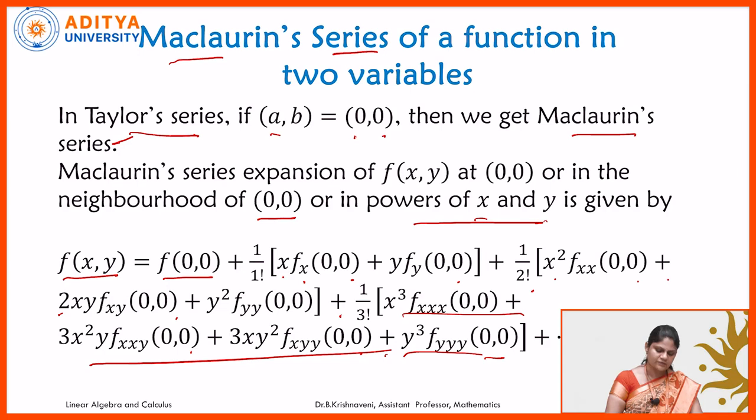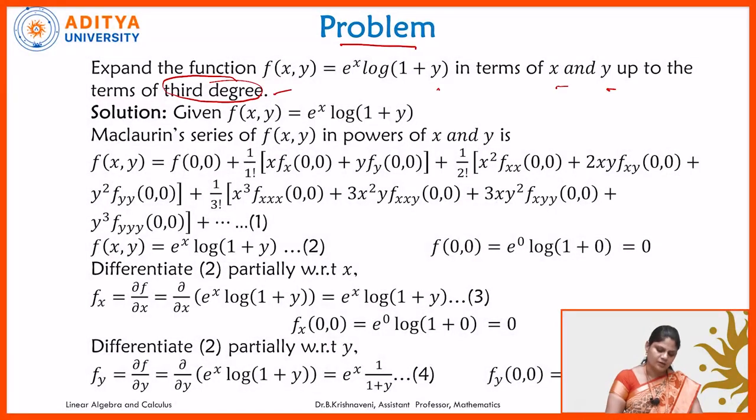Hence, for this we need all these values, that is f(0,0), fx(0,0), similarly second order as well as third order values at (0,0). And we know what the Maclaurin series is.